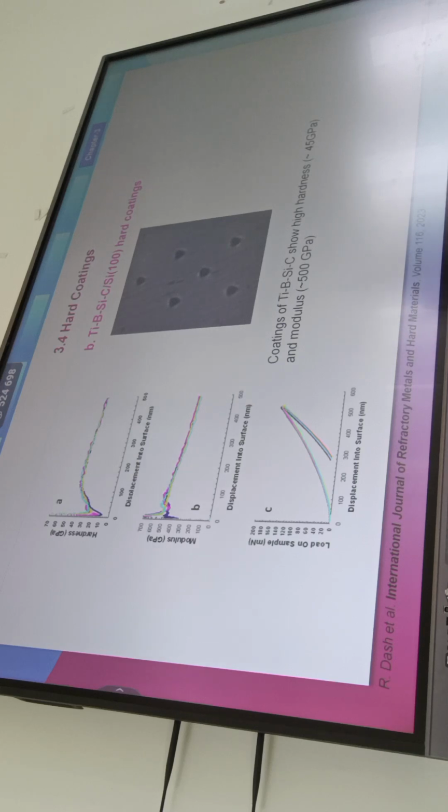Okay. So from this, for the nano indentation, we have seen the hardness versus displacement into the surface and the modulus graph. From this observation, we got the conclusion that the TiB-SiC coating has high hardness and modulus.